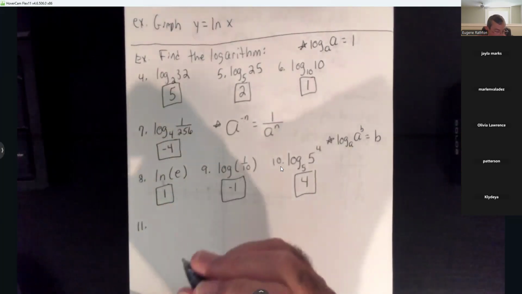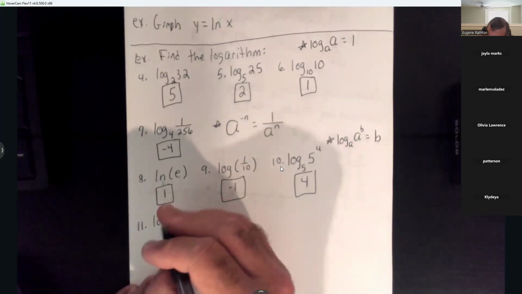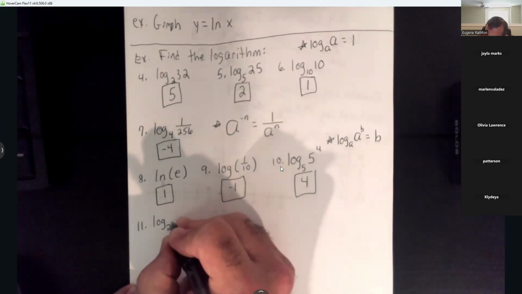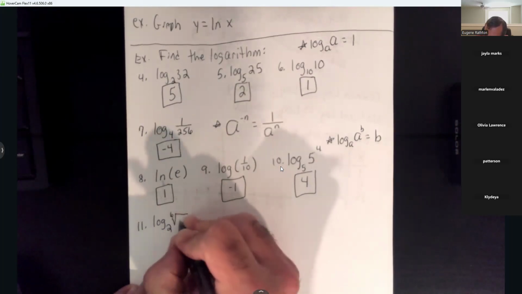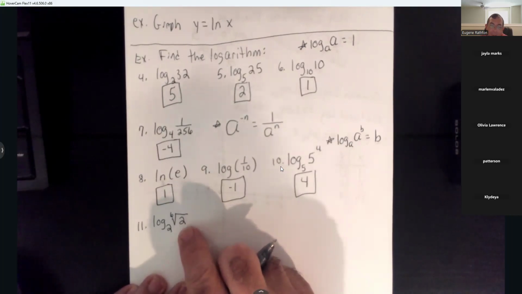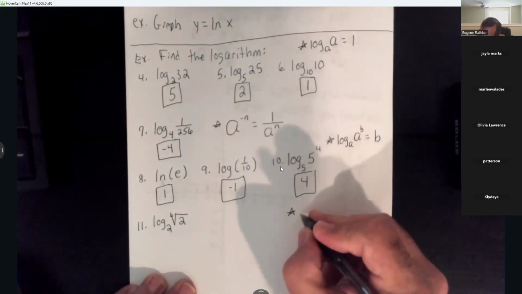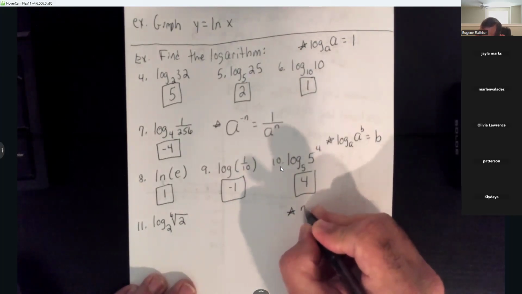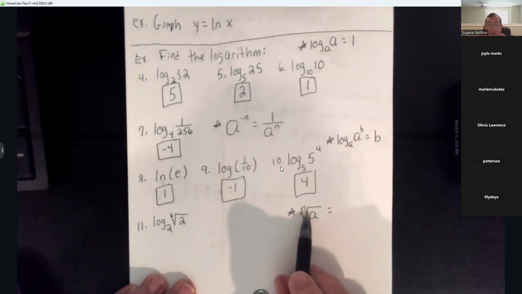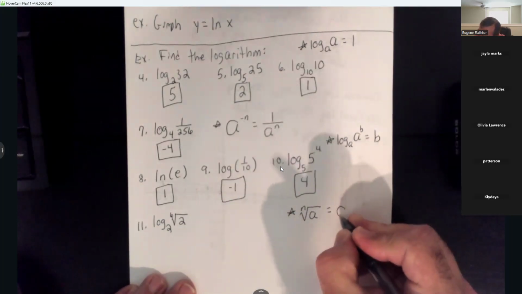All right, y'all, continuing on. Log base 2 of the 6th root of 2. So, y'all, on this one, if you wanted to convert from a radical into an exponent, you bring out the base, which is the a.